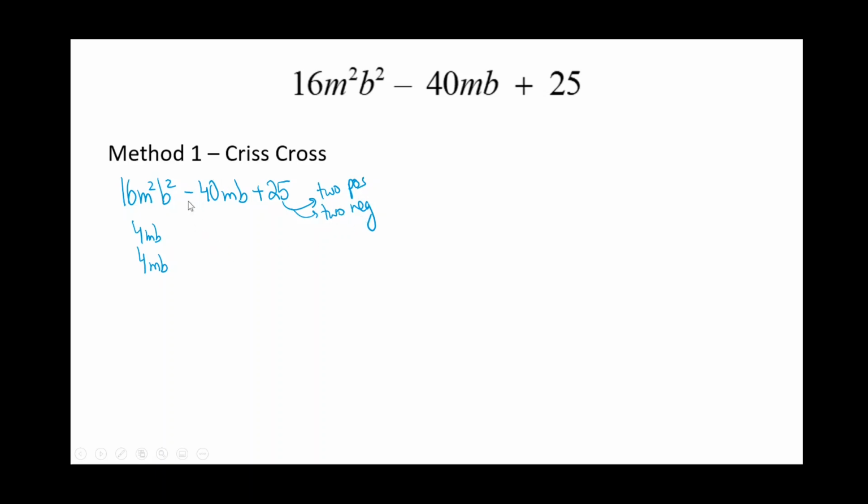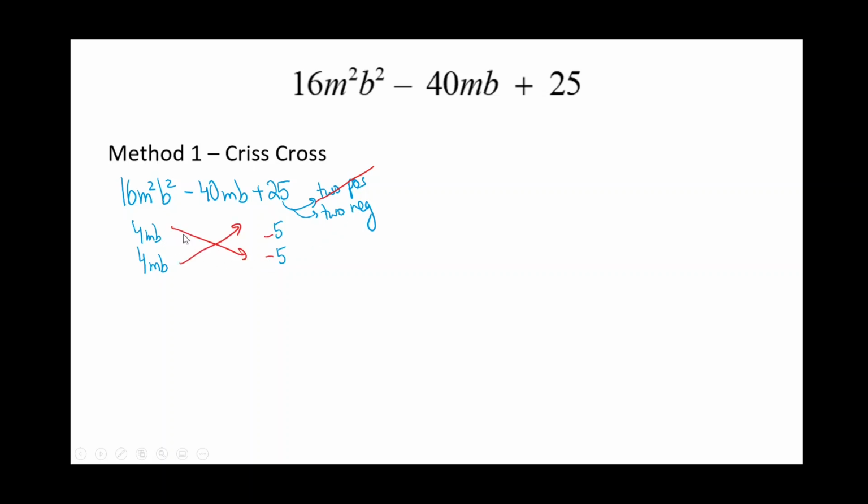However, this middle term has a negative, so two positives is out the door. For 25, we can have 1 with 25, or 5 times 5 is 25. I'm going to start with the combination that's closest together again. Because we already said we need two negatives, we can place them right away.